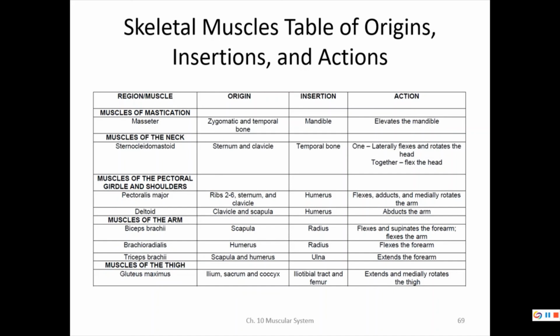Then when you pick the cards back up, you'll see origin, zygomatic and temporal bone, insertion on mandible, action elevates the mandible, and if you don't know it, put it in a different pile to come back to again. Keep doing this so you know them cold. When you see it on multiple choice tests, you'll know them, okay?